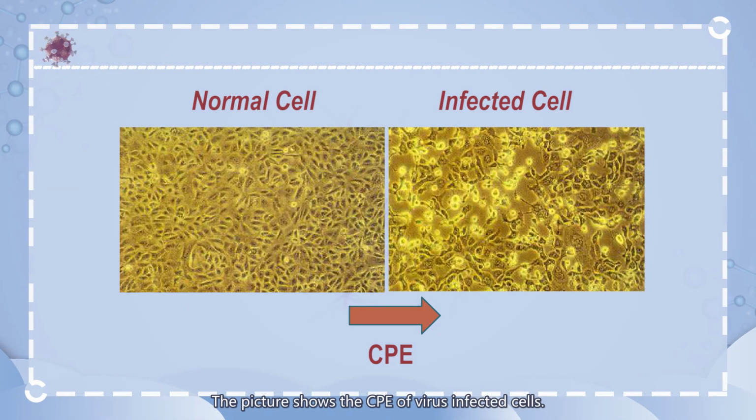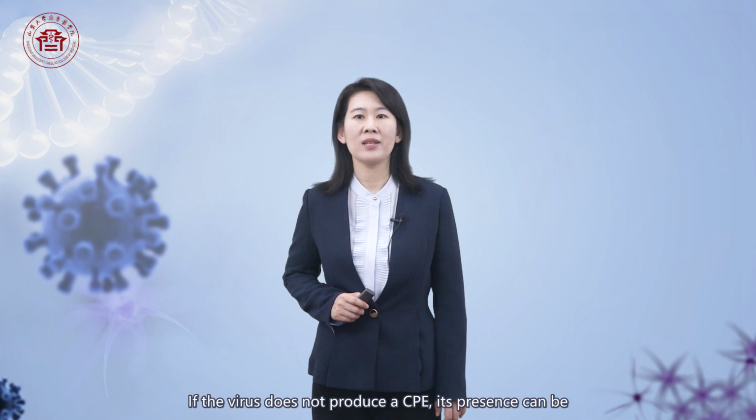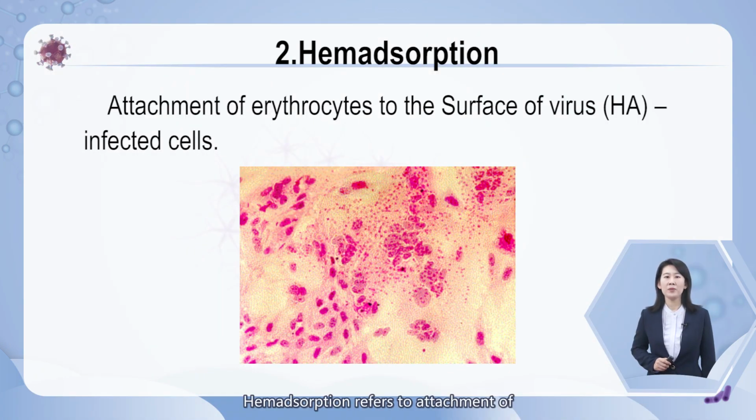The picture shows the CPE of virus-infected cells. We can see virus-infected cells become round and detached from the bottom of the culture bottle. If the virus does not produce a CPE, its presence can be detected by several other techniques. Hemadsorption refers to attachment of erythrocytes to the surface of virus-infected cells.